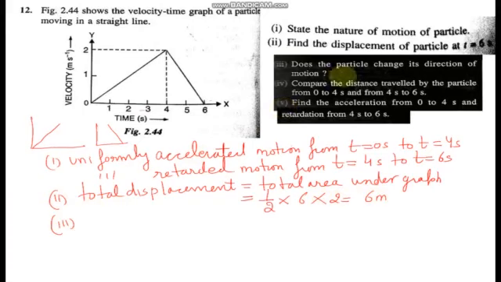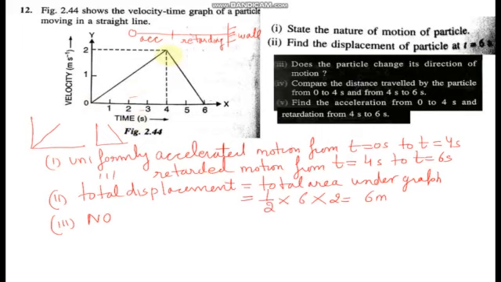Next it is written, does the particle change its direction of motion? No. Now see here, ये जो पार्ट है it represents, suppose ये एक बॉल है जो हमने have thrown it towards a wall, isn't it? Now what does this portion represent? It represents the body is moving with acceleration first of all. उसके बाद ये जो पोर्शन है does not represent that the body has bounced back. It represents now its velocity is decreasing and the body is retarding. So the body changes the motion, changes its direction. How do we come to know from the graph? If the graph is below x-axis, then we'll conclude that the particle has changed its direction.